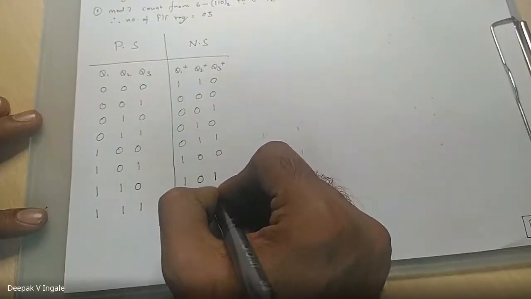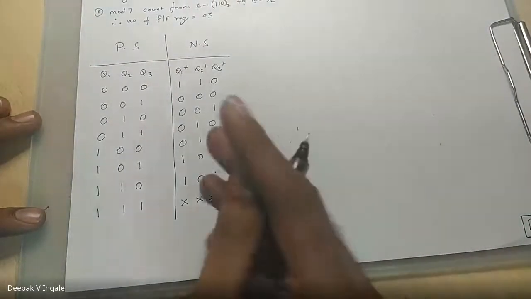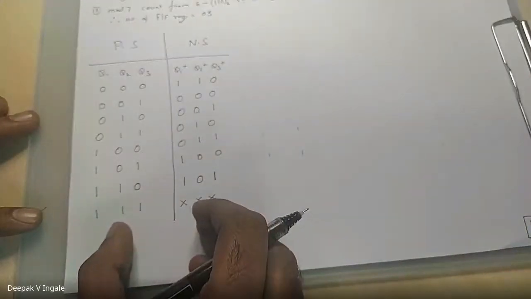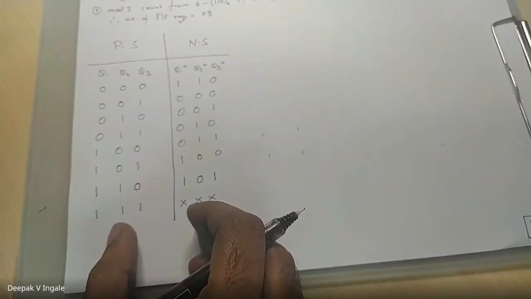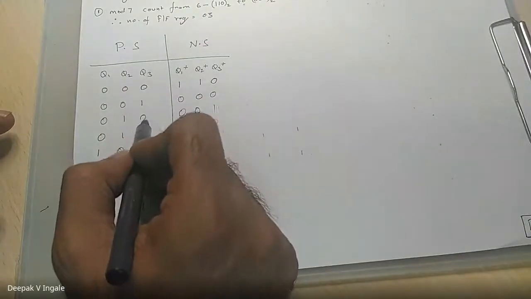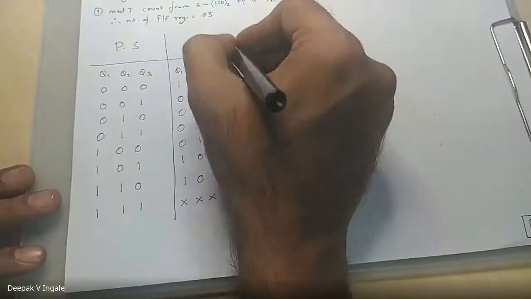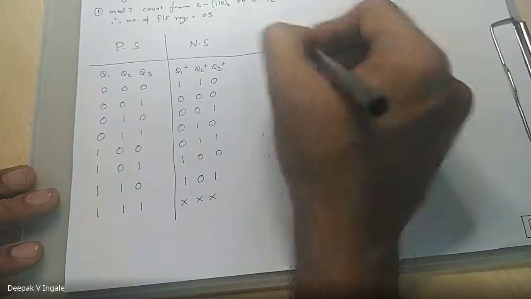It should be XXX. Only writing this truth table will be different for an up counter and a down counter. In an up counter, if it is 0, the next state is 1. If it is 1, it is 2. If it is 2, it is 3. But here, it will reduce.